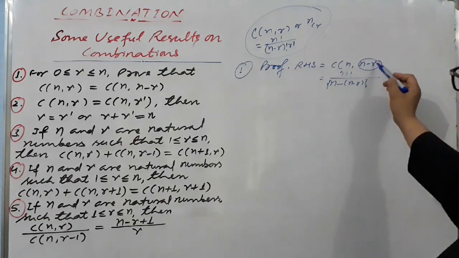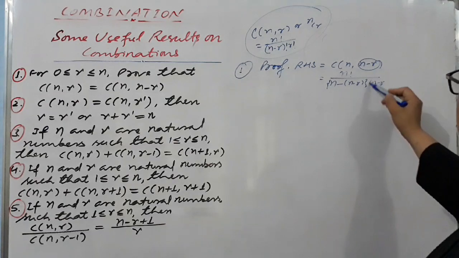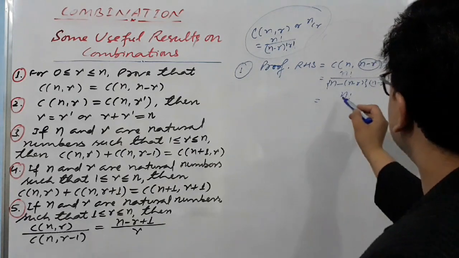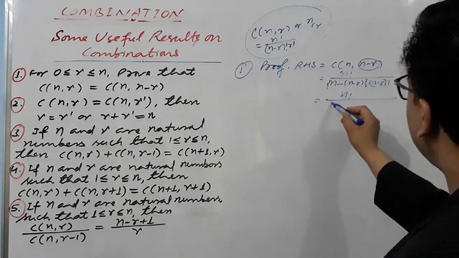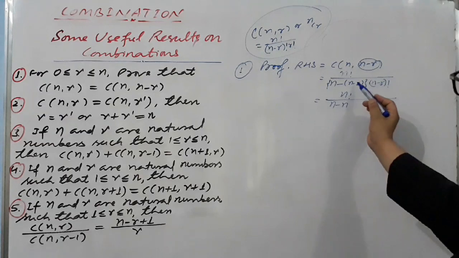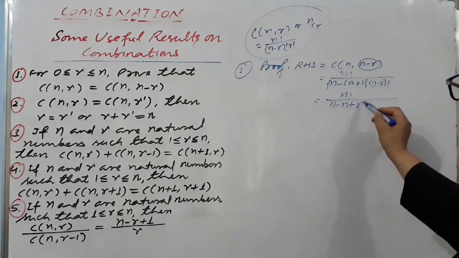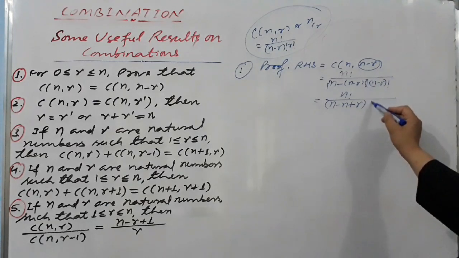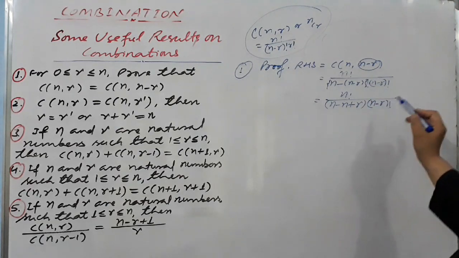Then r factorial; here r means (n minus r) factorial. So n factorial upon (n minus r) factorial, and then (n minus (n minus r)) factorial. When we open the bracket, this negative sign will change to plus, so you get r factorial.